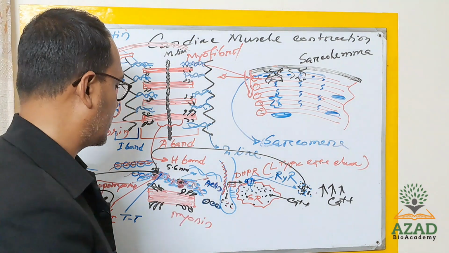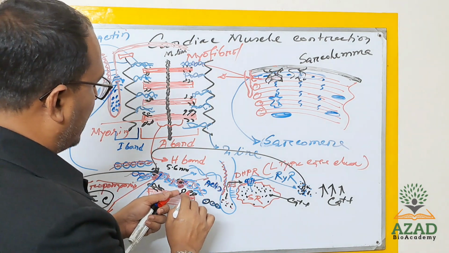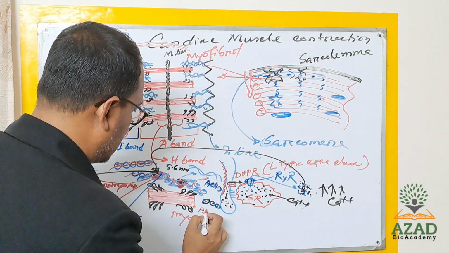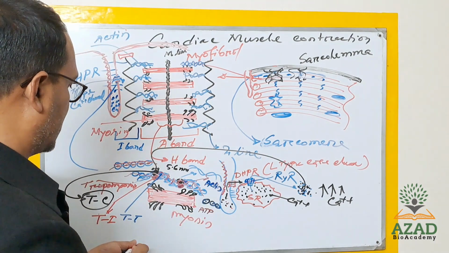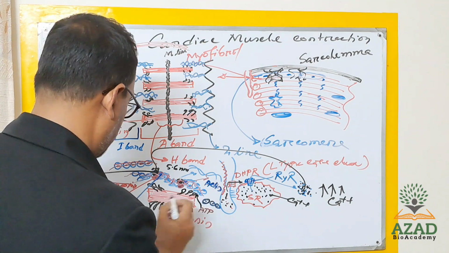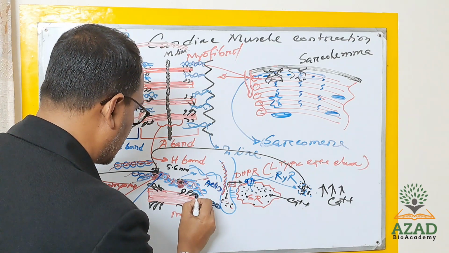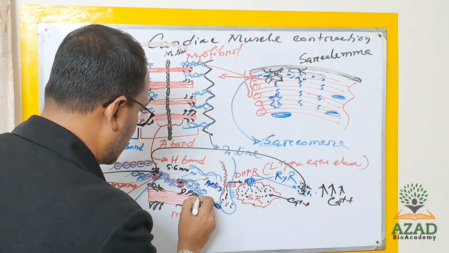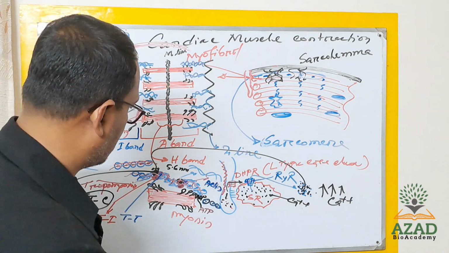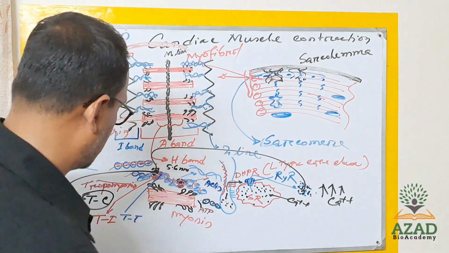At that time, what will happen? ATP will be hydrolyzed by the ATPase activity. ATP will be hydrolyzed, and it will form ADP. The color problem, I will try to make it clear.